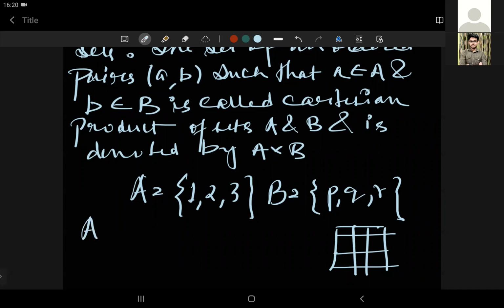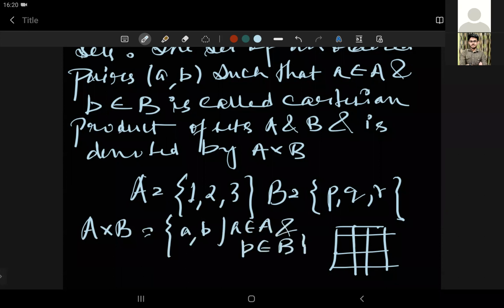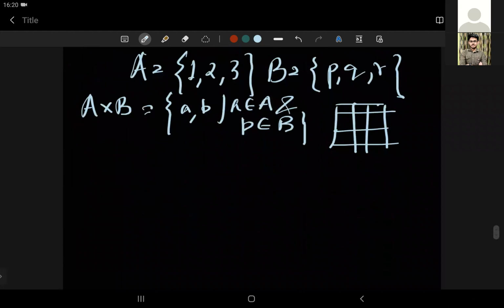So obviously, A cross B is equal to every (a, b) such that a belongs to A and b belongs to capital B. Now, if we write the elements, then obviously (1, p), (1, q), (1, r) are the first elements, let's say.